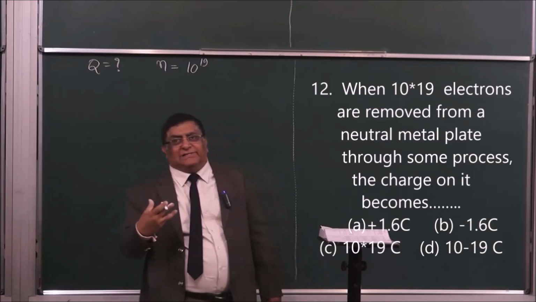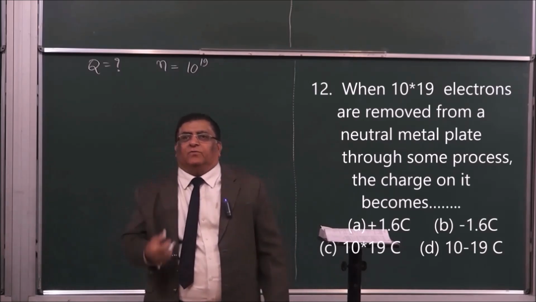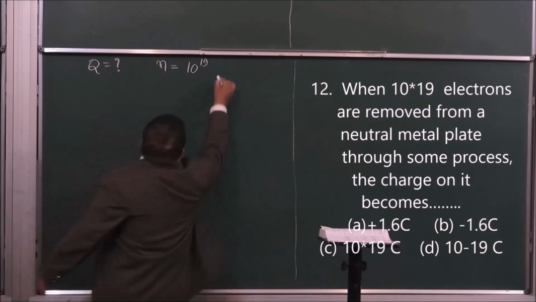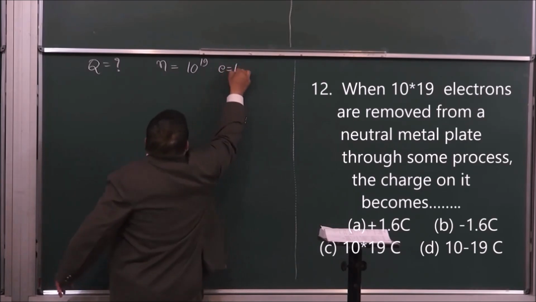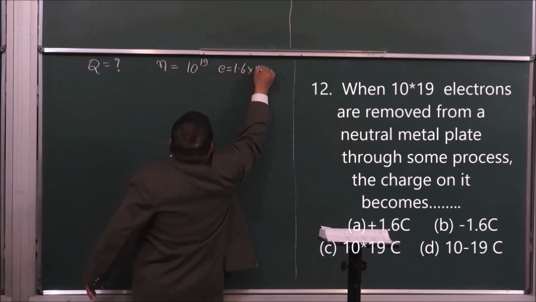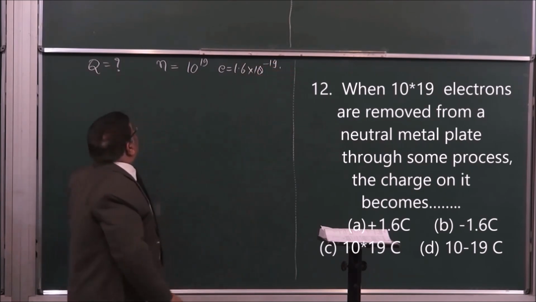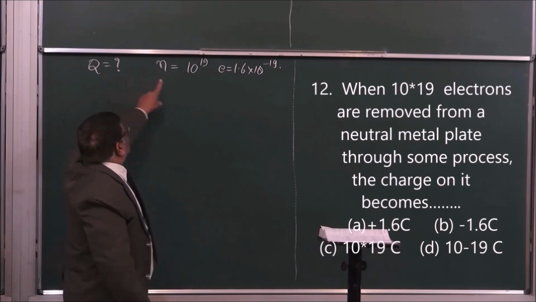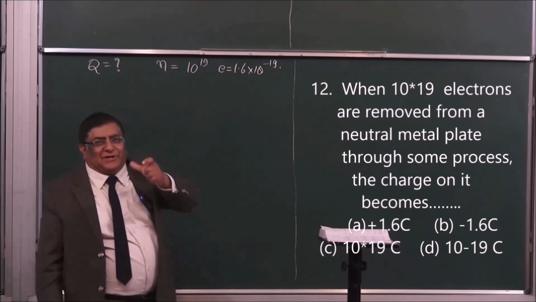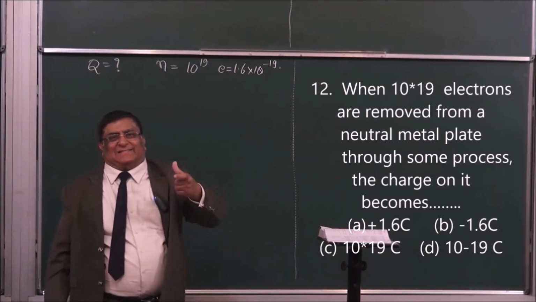And our knowledge says we know the charge on one electron, that is e, is 1.6 into 10 to the power minus 19. That is also known to us. Q and e, does it ring some bell? Yes.